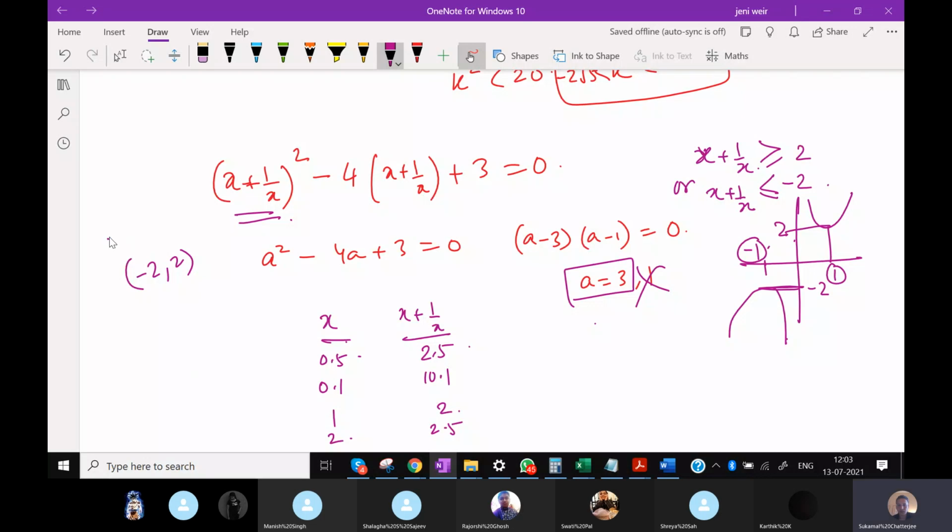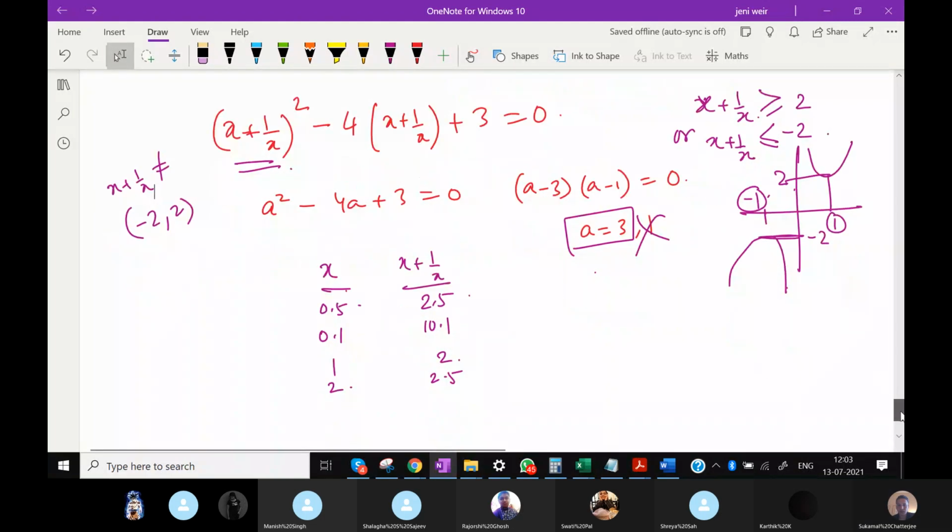Remember this as a concept. So that means if you get any solution where you are getting x plus 1 by x as a value between minus 2 and plus 2, that value is not valid. Okay. Understood? Yes, sir.